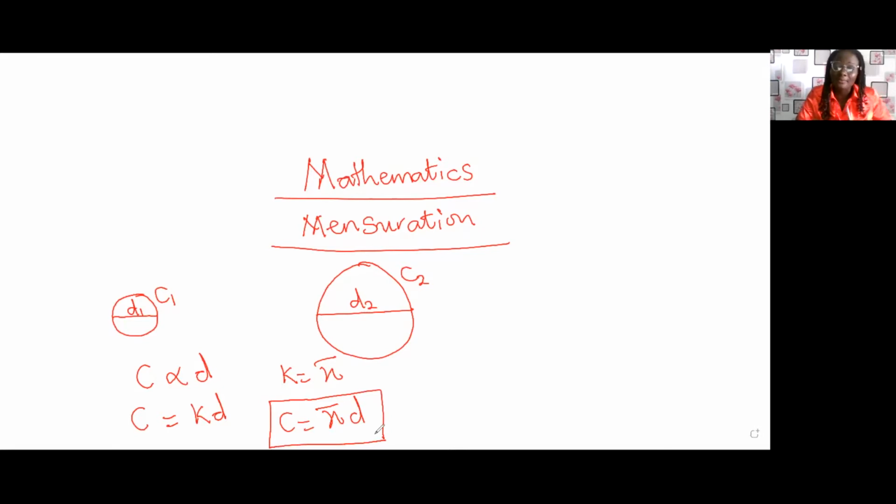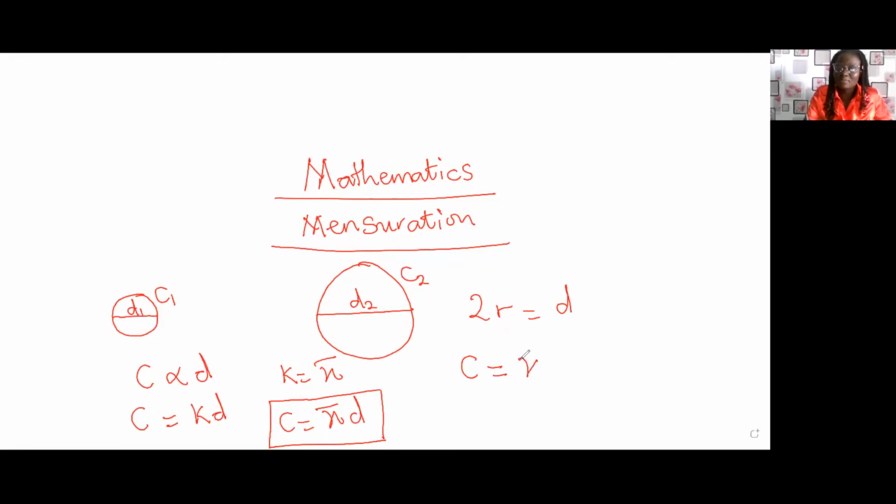Now let's look at something. We also said that 2 radii is equal to 1 diameter. Good. So we are going to have 2r is equal to 1d. And we are going to substitute this into this equation as well. We are going to have C is equal to, wherever we see D, we put 2r over there.